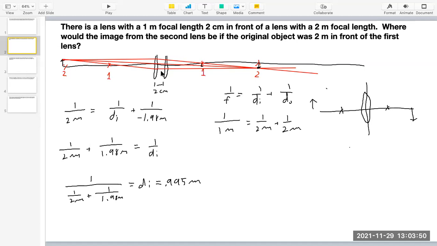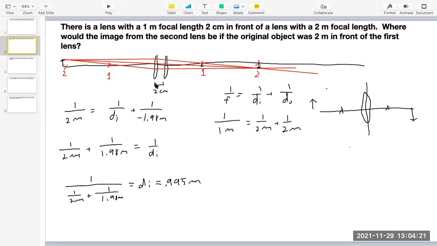We treat the bending of the front of the lens and the back of the lens as if it's all just happening in one spot. We can do that again, where we treat all the bending of the first lens and all the bending of the second lens as if it's just happening together. When really it bends a little as it enters the first one, exits the first one, enters the second one, exits the second one.